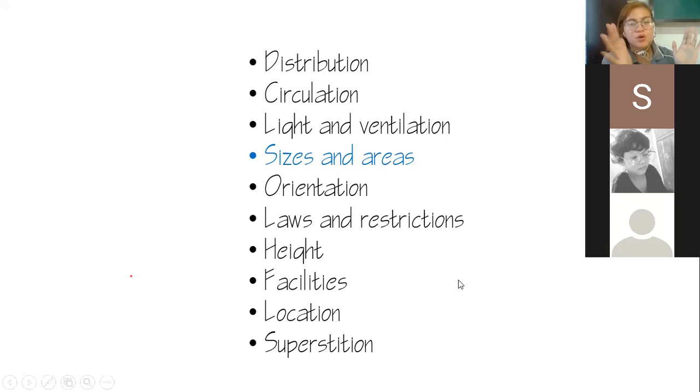So, orientation is the proper placement of your building, how it is oriented. This also connects to lighting and ventilation, because you need to maximize natural lighting, so you situate your serviceable areas on the east side.